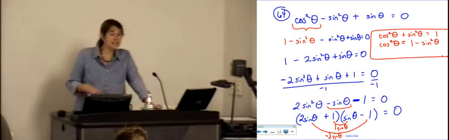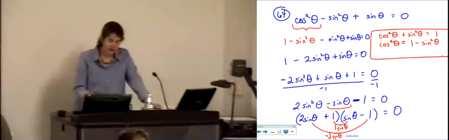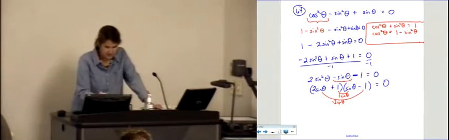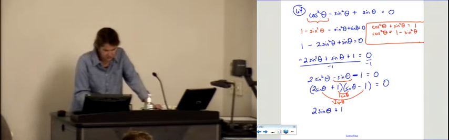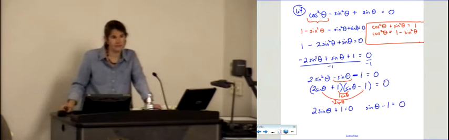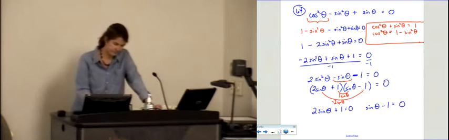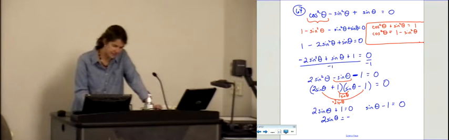Now I'm going to have to set each of these factors equal to 0 and solve. So I'm going to have 2 sine theta plus 1 equals 0 and sine theta minus 1 equals 0. So 2 sine theta equals -1. Sorry, I said that wrong.